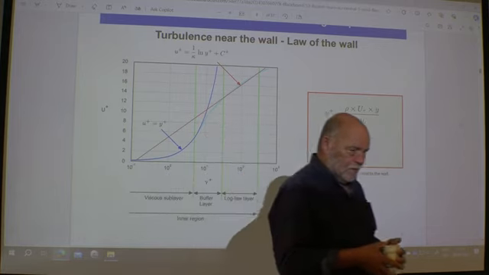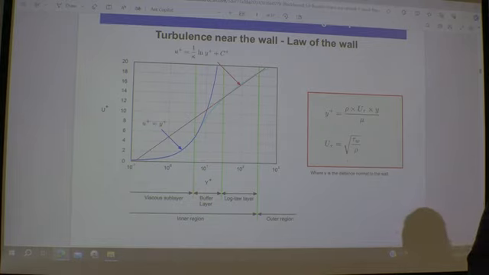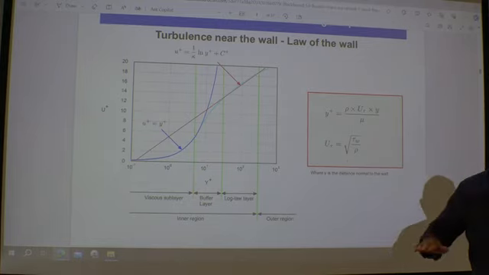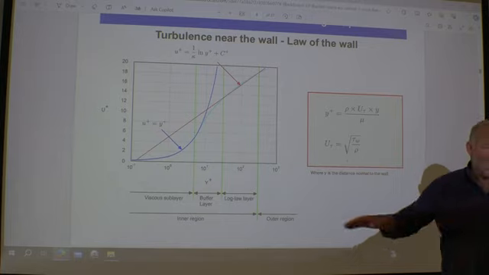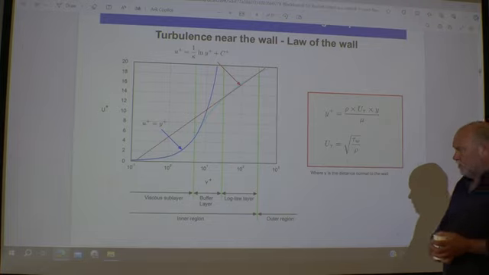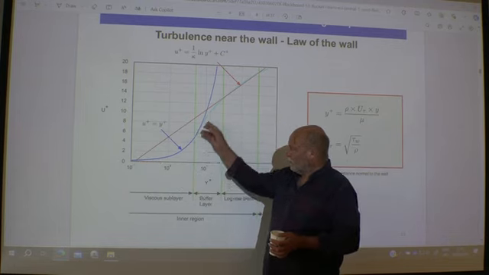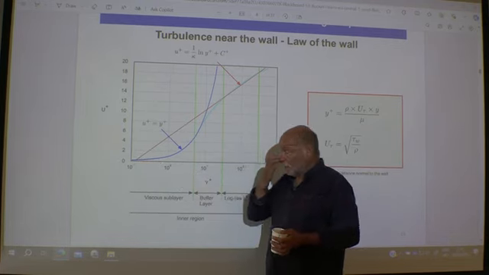Then the flow becomes laminar. But this is only on average. In real life, the turbulence is produced close to the wall, so there you have actually a lot of turbulent motion. But quite rapidly, on average, you will get a laminar velocity profile, very close to the walls.